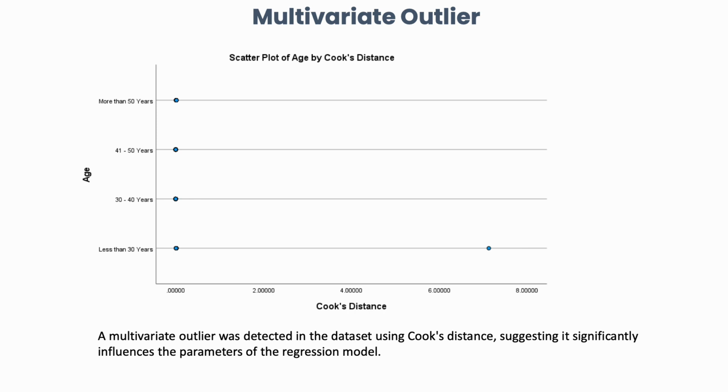Now, identification of multivariate outliers. A multivariate outlier is detected using Cook's distance, suggesting that, again, as mentioned earlier, it significantly influences the parameters of the regression model. This outlier could be the result of a data entry mistake or influential data points within the analysis.